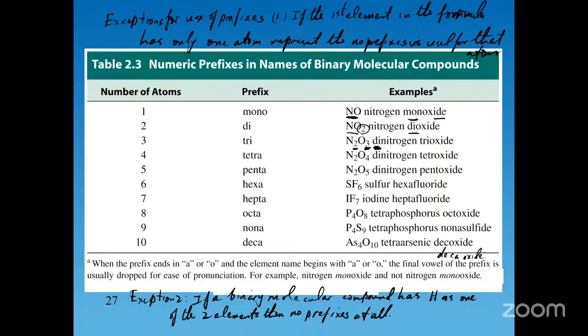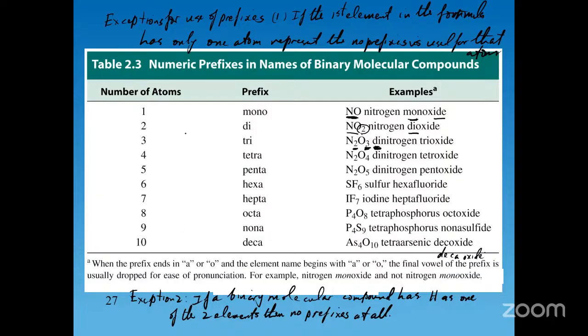All right? No prefixes are used at all for either the hydrogen or the other element. So basically, if you have hydrogen as one of the 2 elements in a binary molecular compound, then you do not use any prefixes. No mono, no di, tri, whatever.